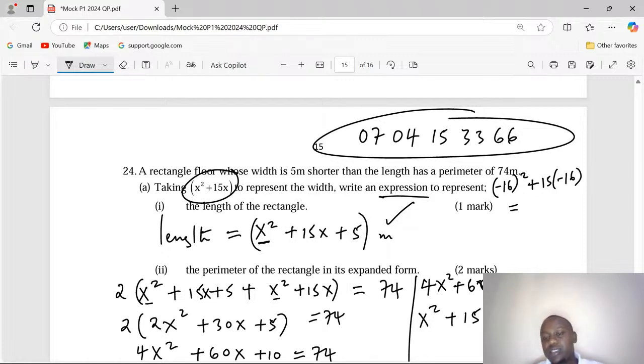Let's look at this. 16 squared gives us 256, then minus 15 times 16, and this is giving exactly 16. Yeah, both of them are giving us 16.